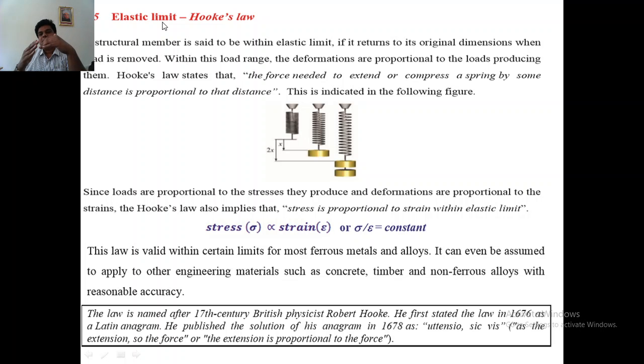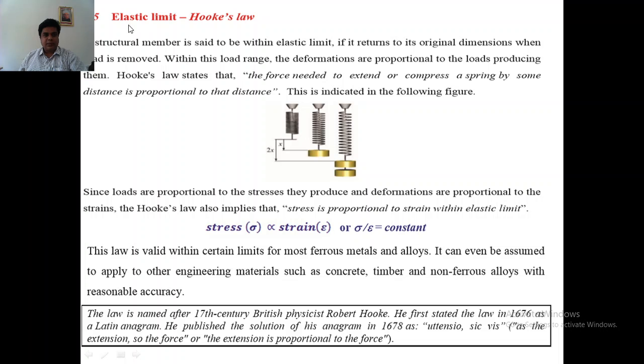All the materials will have elastic deformation for some amount of load. When the load increases more than that elastic limit, then the metal undergoes plastic deformation, permanent deformation or permanent elongation, depending on the load, tensile or compressive.